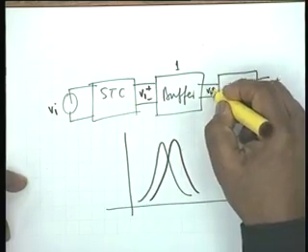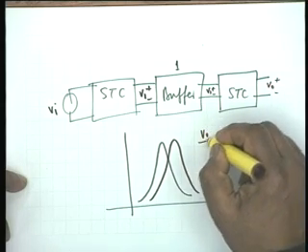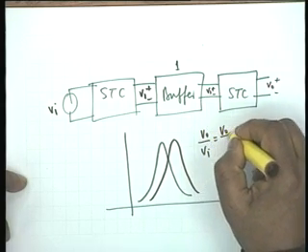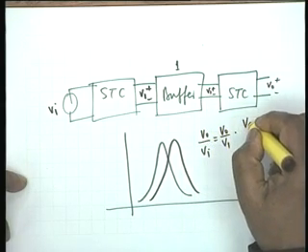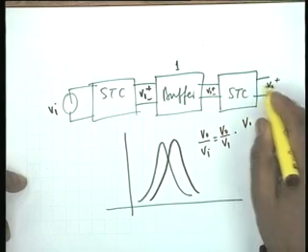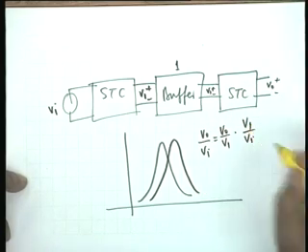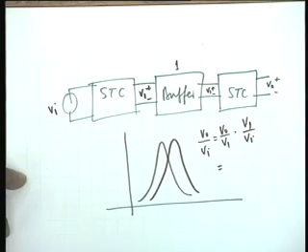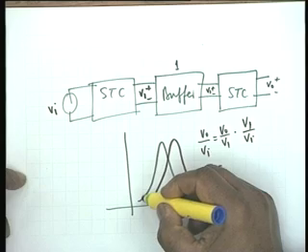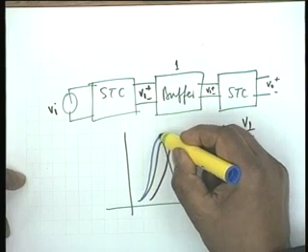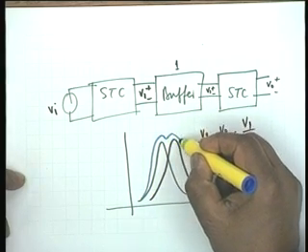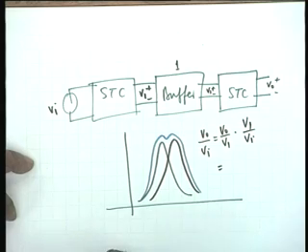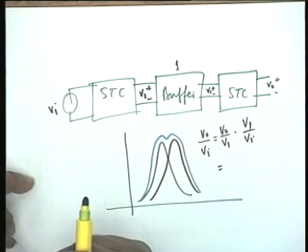So, this will also be V1, therefore, V0 by Vi shall be V0 by V1 multiplied by V1 by Vi, which is equal to the product of the two, and therefore, the overall response may be somewhat like this. Which indeed looks like a double tuned response.